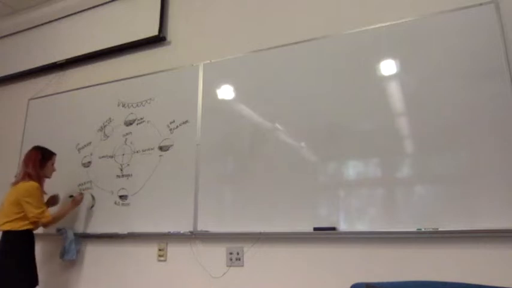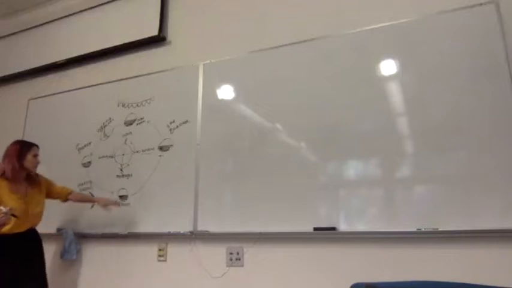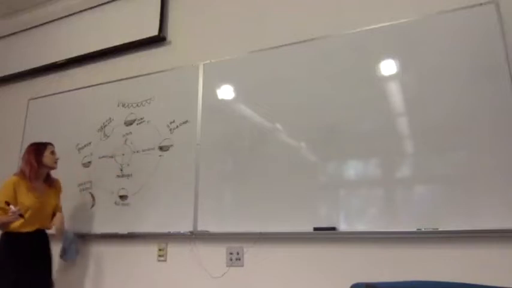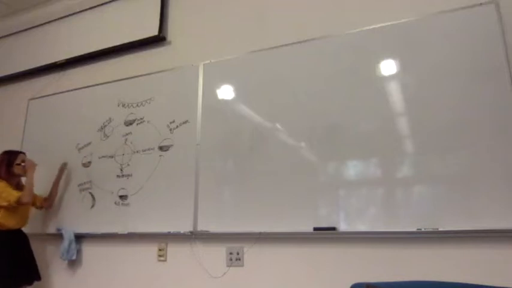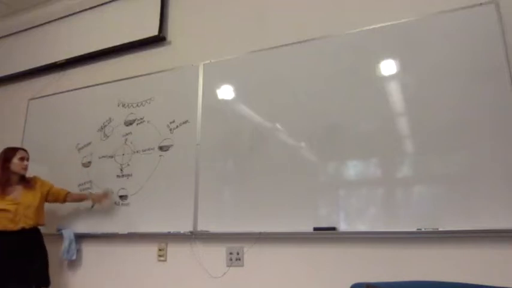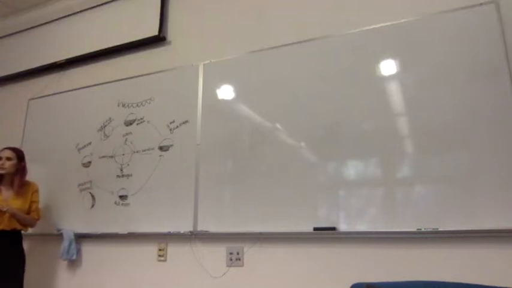So the answer is sunrise. Yeah, sunrise is going to be your answer. This is your waning gibbous and your waning crescent, but I think just full, your waxing or first quarter, new moon, and your waning or third quarter is all you need to know.